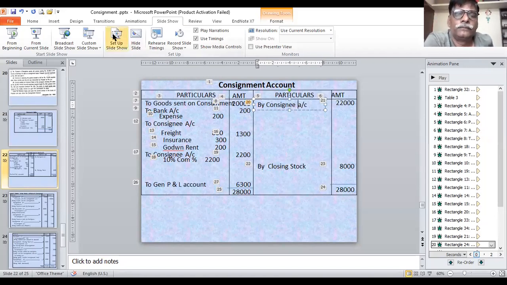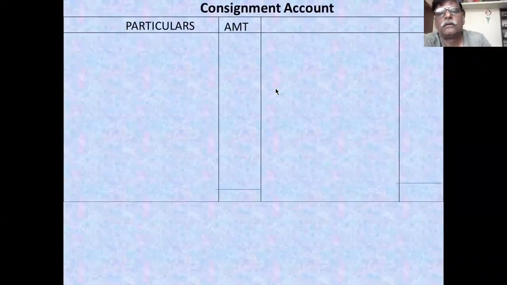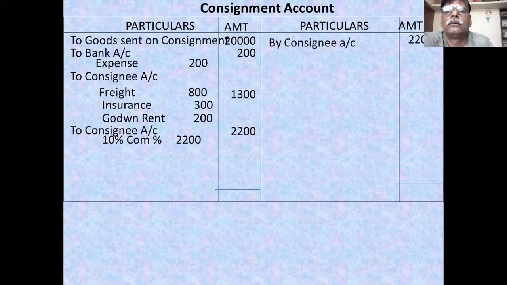Consignee account, that is sales. Sales is 22,000. And there is no other expense, only closing stock is there. Add closing stock 8,000. So you take the total.